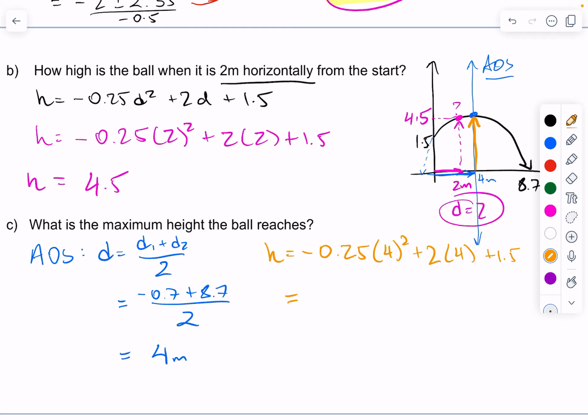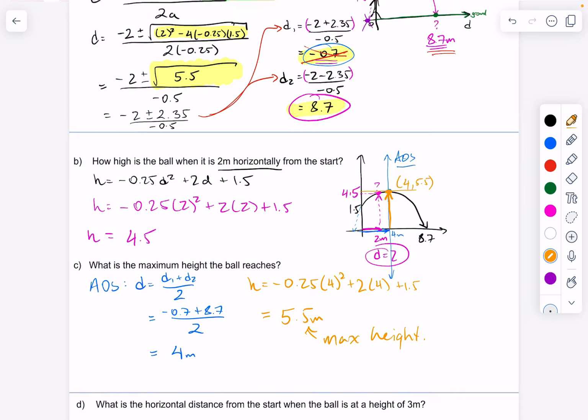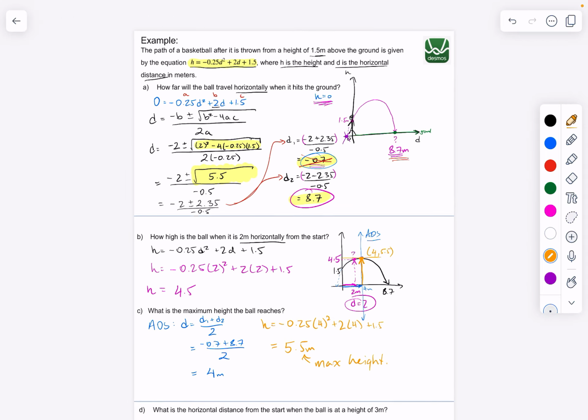We work all that out, and we get a height of 5.5 meters. So that means that the axis of symmetry, the vertex is at 4, 5.5. And that's the max height. Right? So you see how this problem's all starting to put together everything that we've done in quadratics.